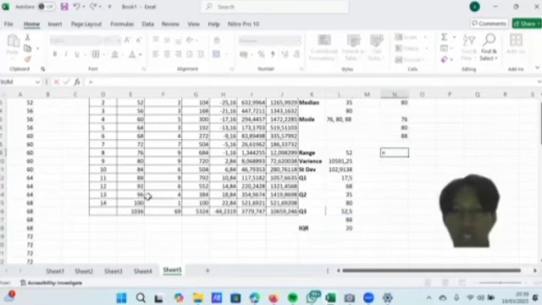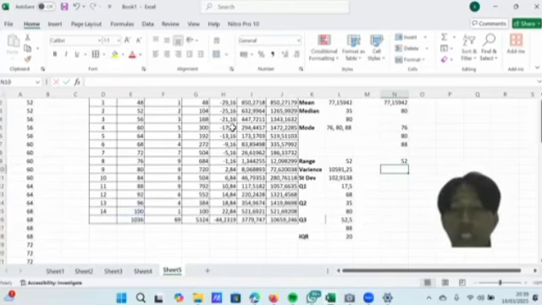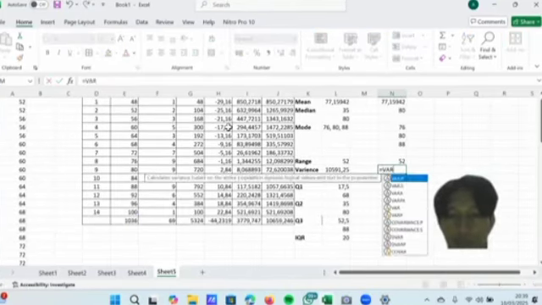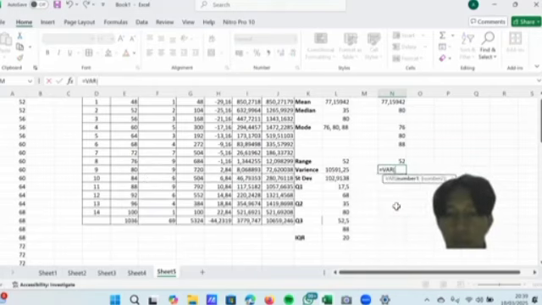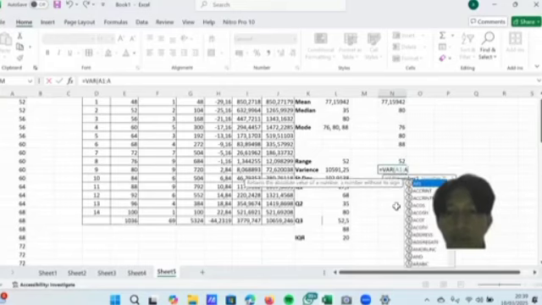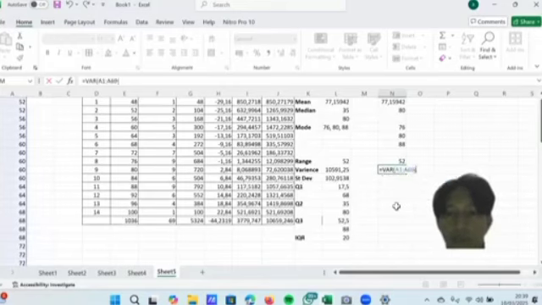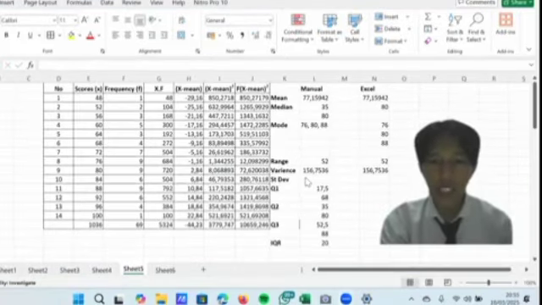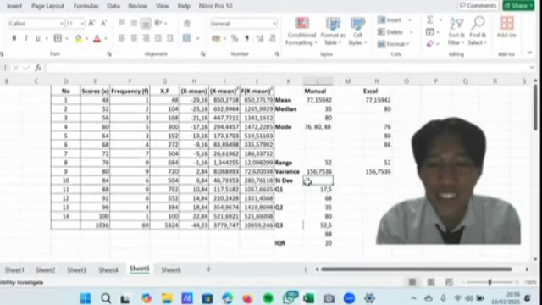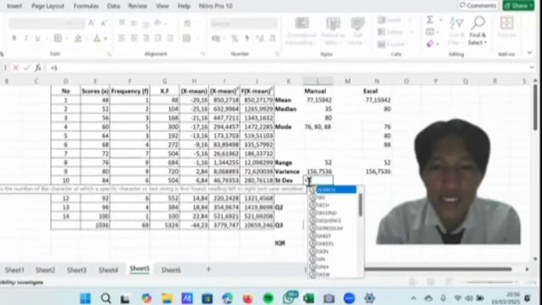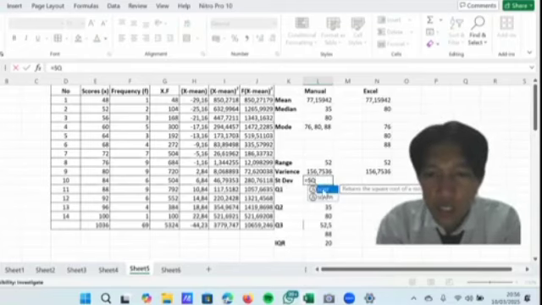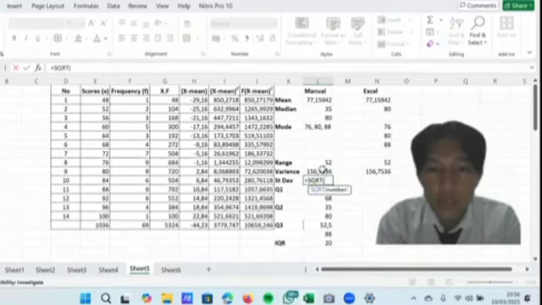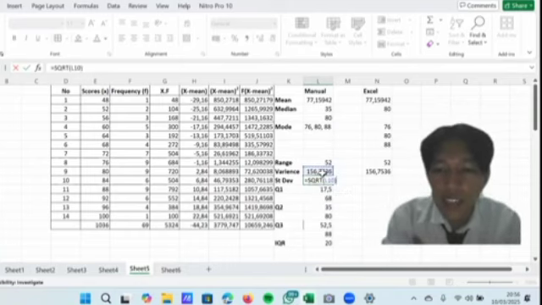And we need to check here using the Excel VAR formula and all the data and enter. Right, for the standard deviation, we're going to calculate again: equal SQRT, and then the variance, and then enter.